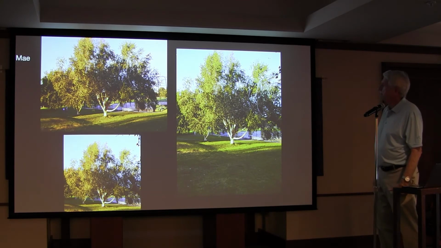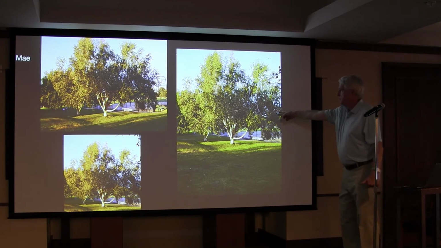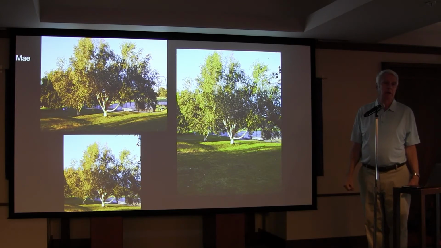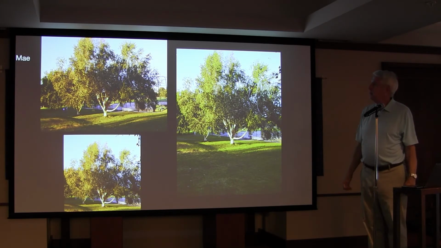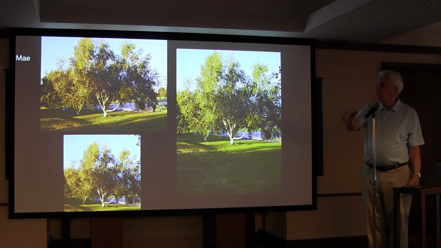Yes, I just like that. So I like the one on the right the best, for a couple of reasons. One is that the one on the left-hand side sort of confuses the focus about what the subject is.